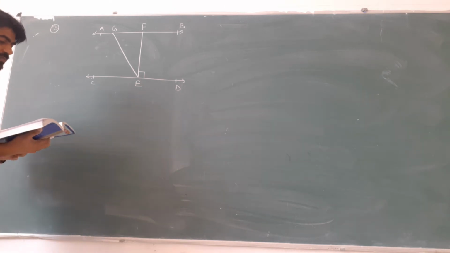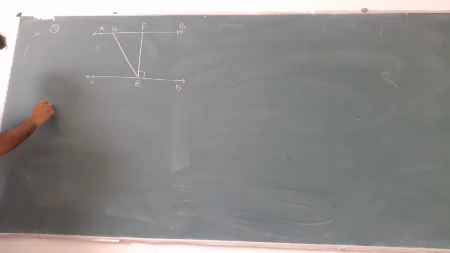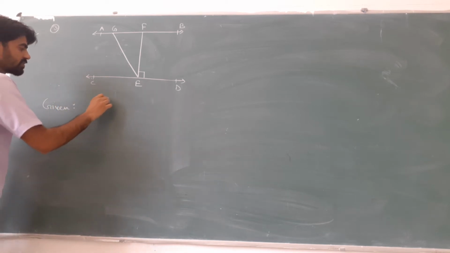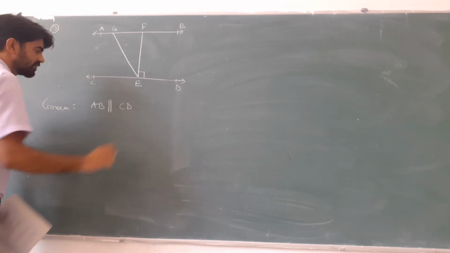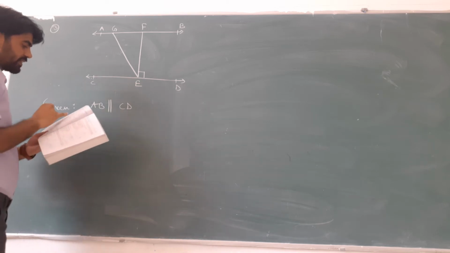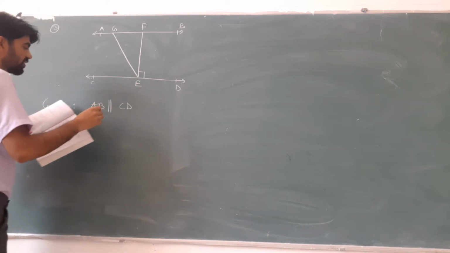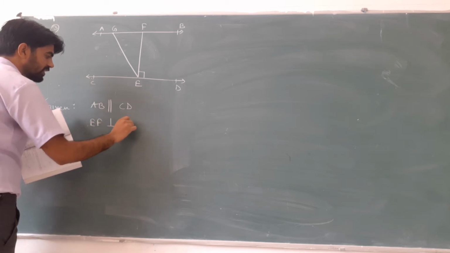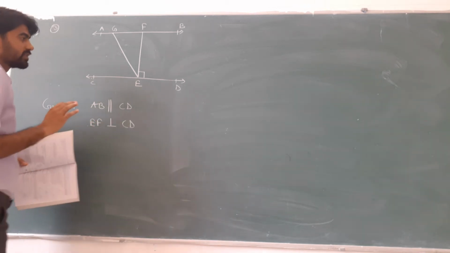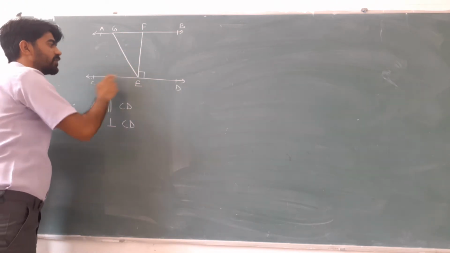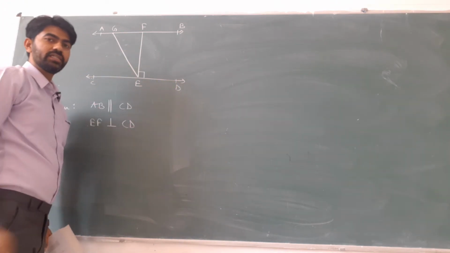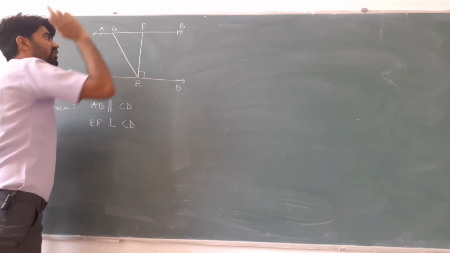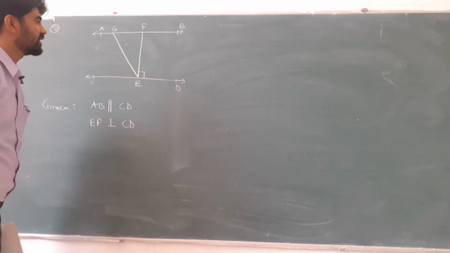Look, AB is parallel to CD. What is given? Given AB is parallel to CD. Then EF is perpendicular on CD. See, if EF is perpendicular on CD and CD is parallel to AB, so this will also be perpendicular on AB.